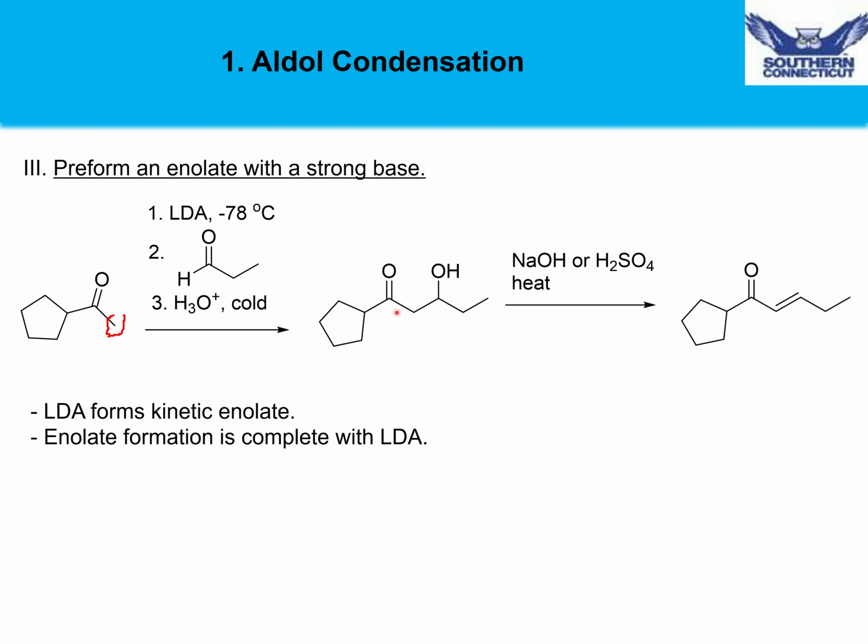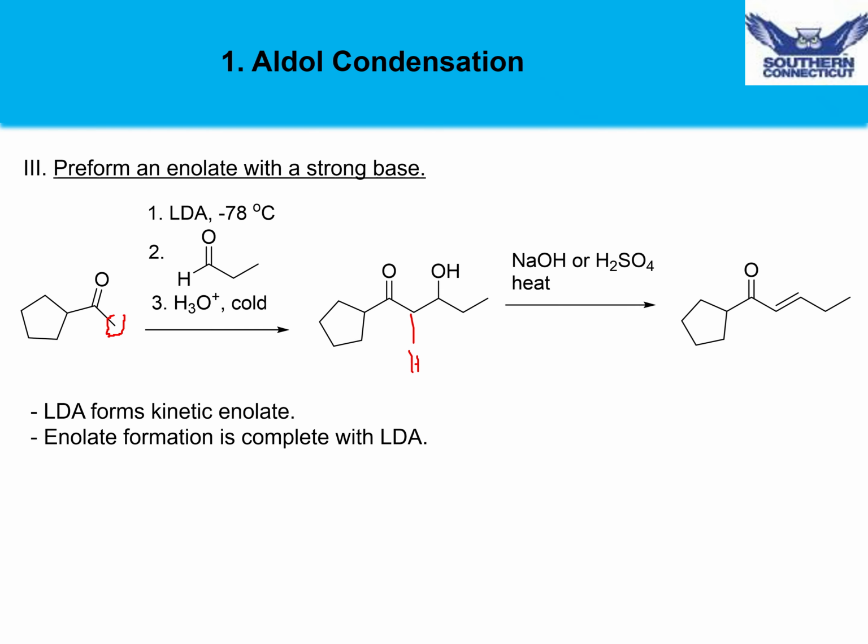Beta hydroxycarbonyls in general are fairly unstable, so heating them with either acid or base generally leads to the elimination of water and forming a double bond. And so that's what we see here. If we add sodium hydroxide or sulfuric acid and we heat the reaction, we can obtain a dehydrated product by removing this alpha hydrogen.